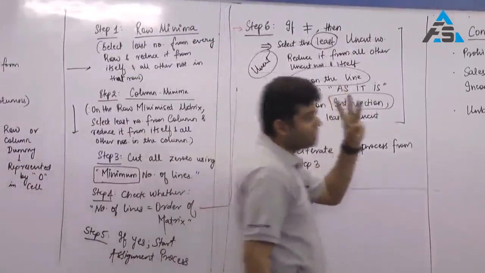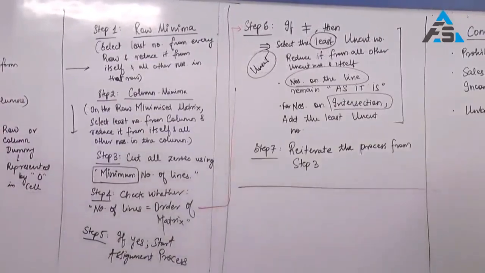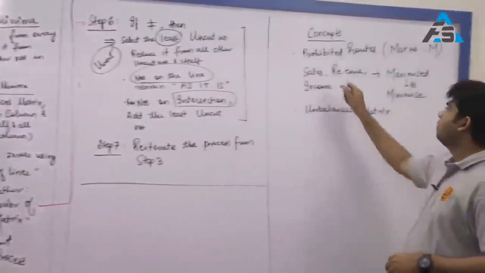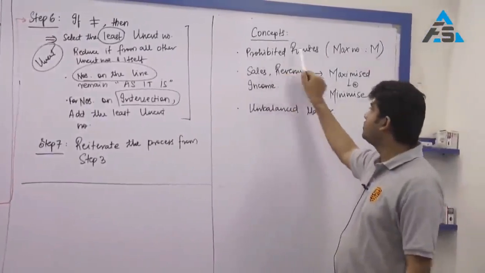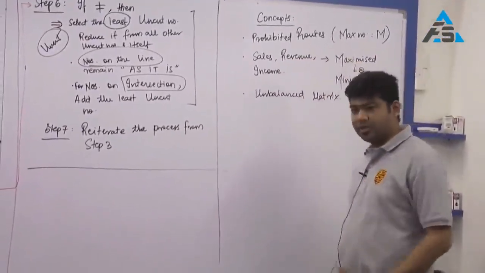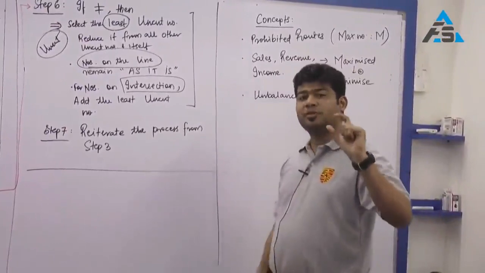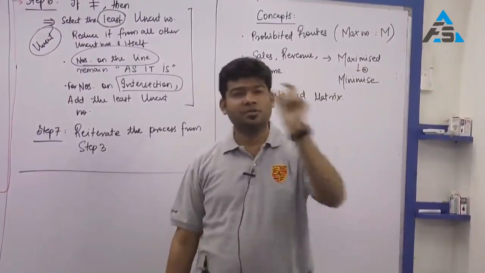3 important concepts to be kept in mind while solving assignment problems. 1. There can be a question on prohibited routes. What are prohibited routes? Assignment is not possible for a particular resource.